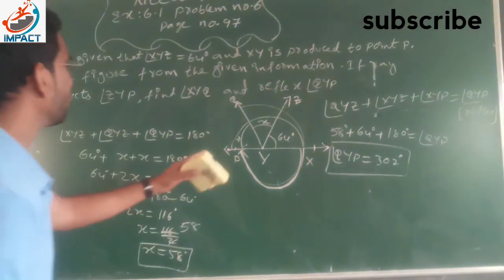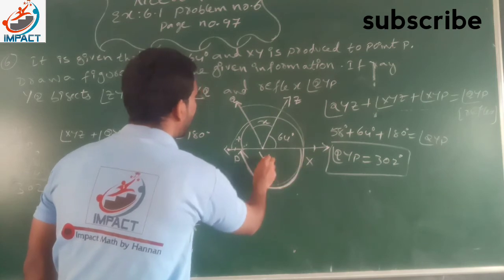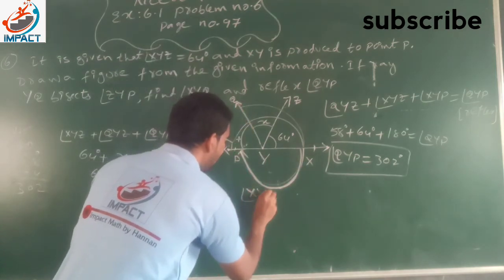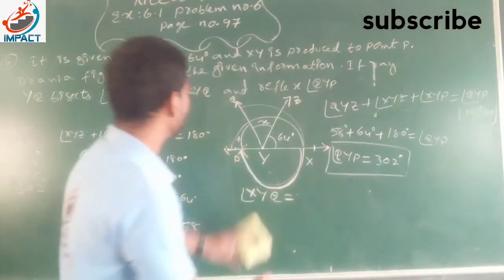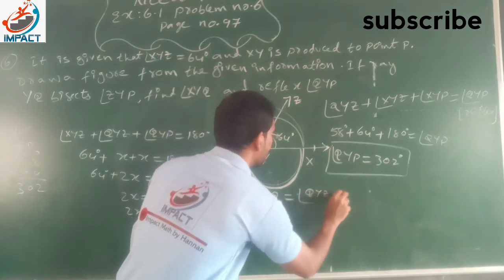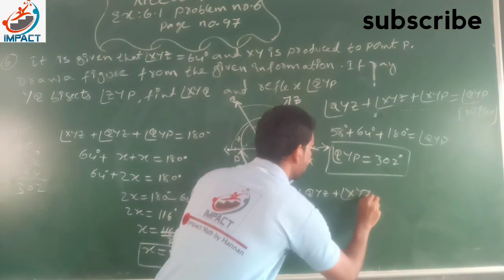Now we will find out XYQ. Angle XYQ equals, which two angles are forming this one? Angle QYZ plus angle XYZ.